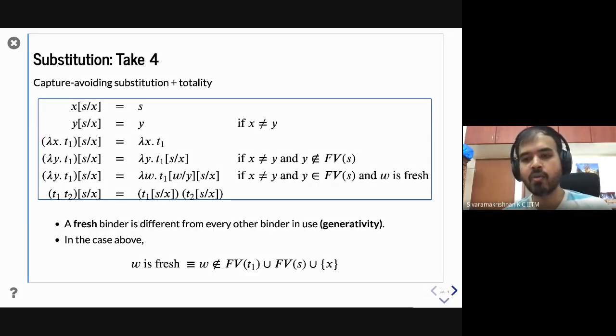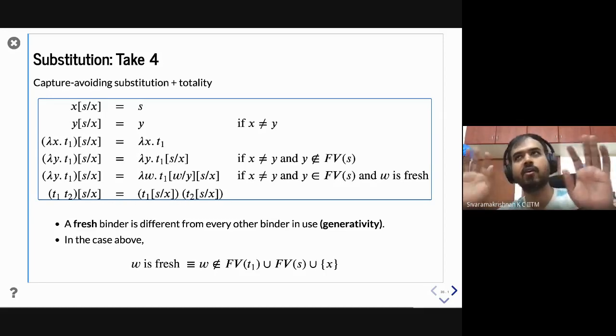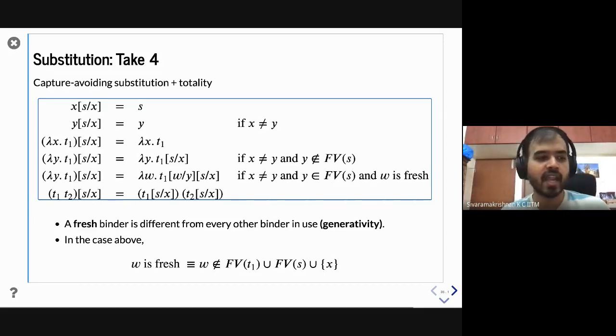Programming language researchers try to prove that substitution is right according to some specification, and the proof usually gets very difficult, especially in the case of abstractions. It's a constant problem. So if you feel that this is difficult, you can take refuge in the fact that even programming language researchers feel that this is difficult. So it's not just you.